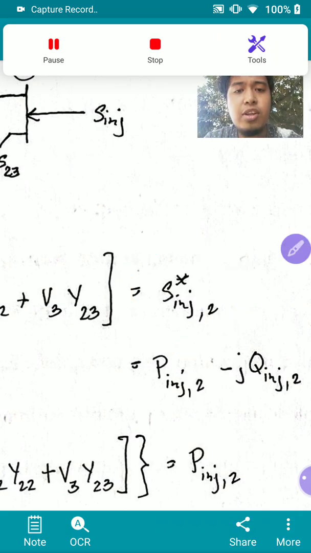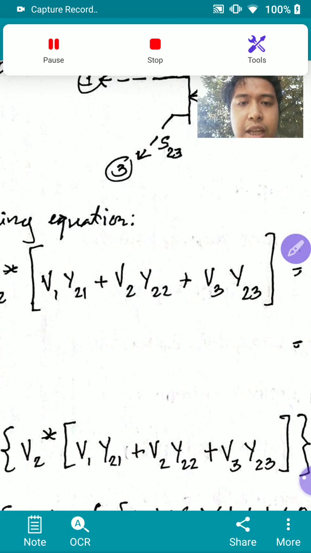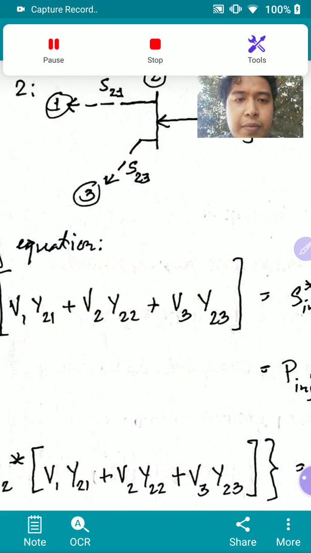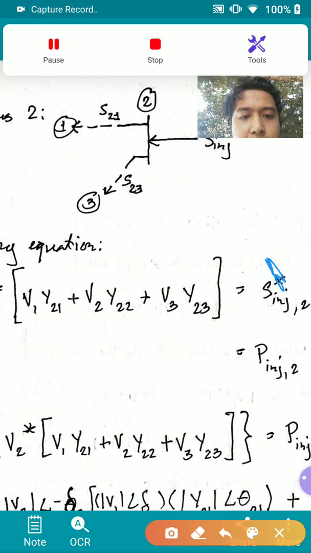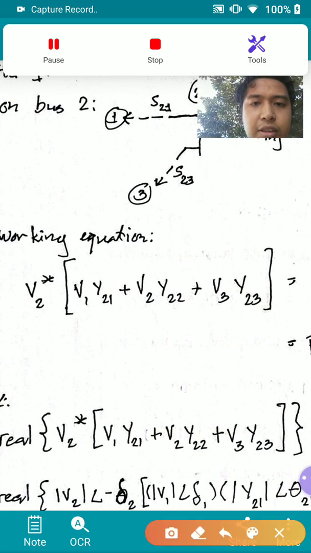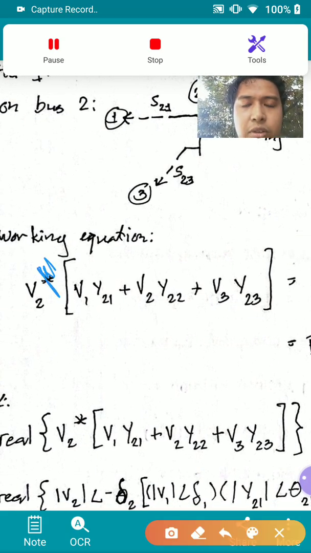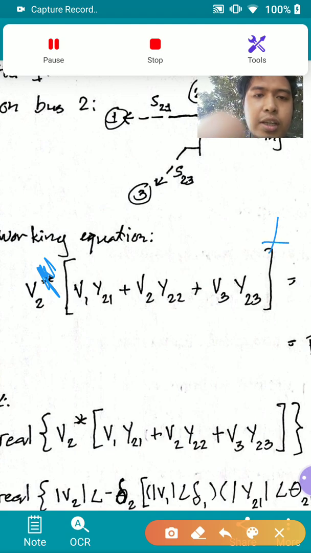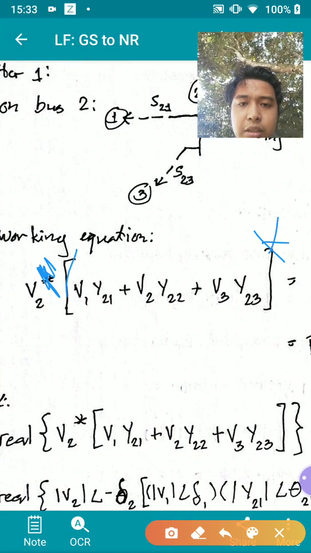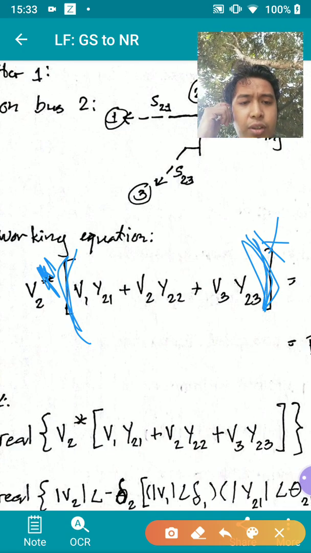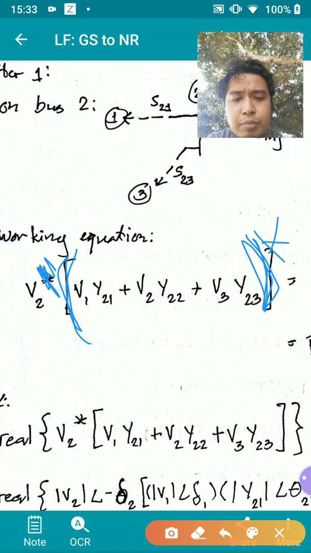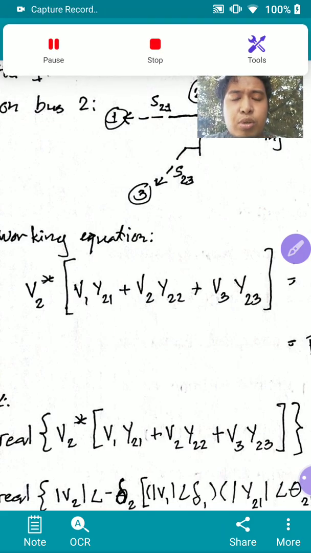So take note, I use S conjugate because I use V conjugate I and not V I conjugate. If I use S without the conjugate, then instead of doing this, I don't conjugate V2, but I conjugate this whole summation instead. Well, it's a lot more difficult because you'll be conjugating a lot more terms than just using V conjugate I.